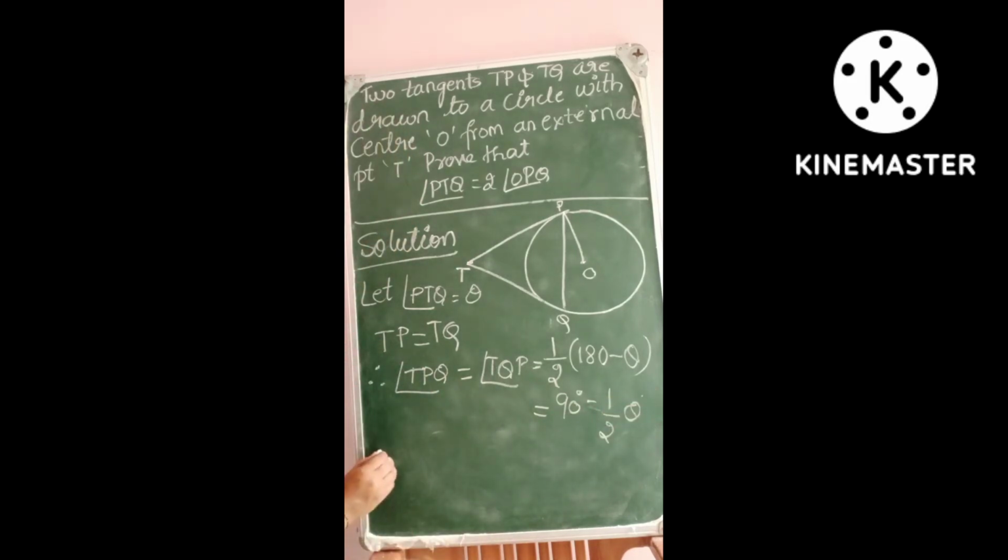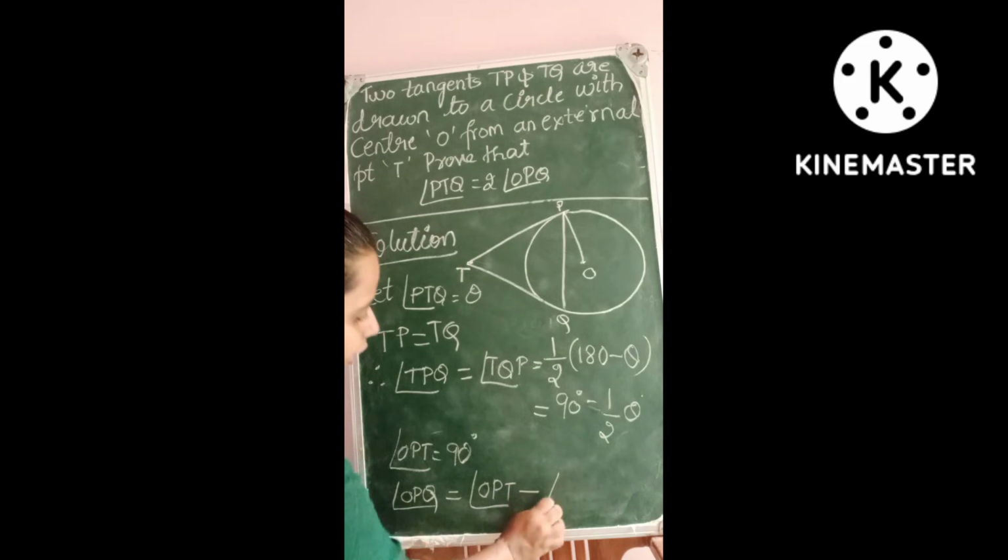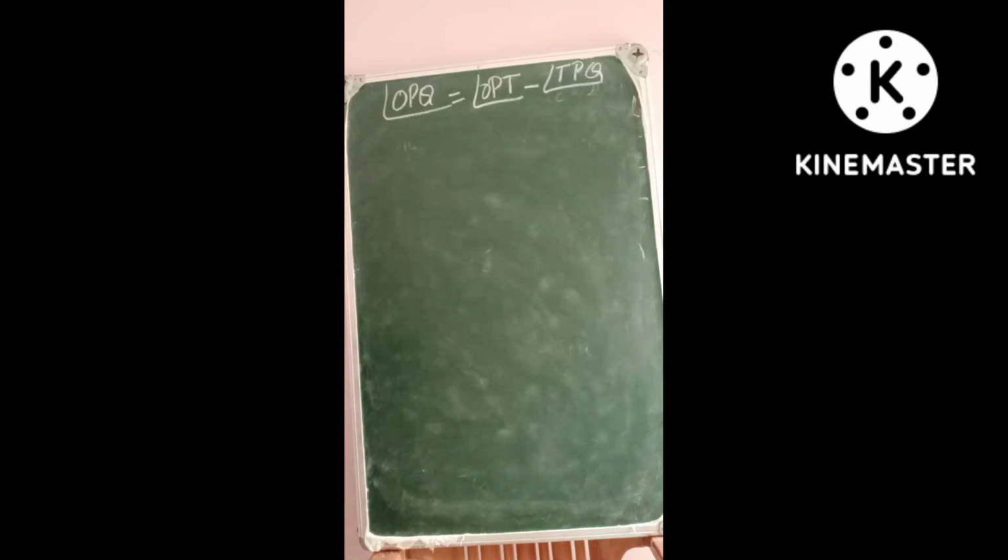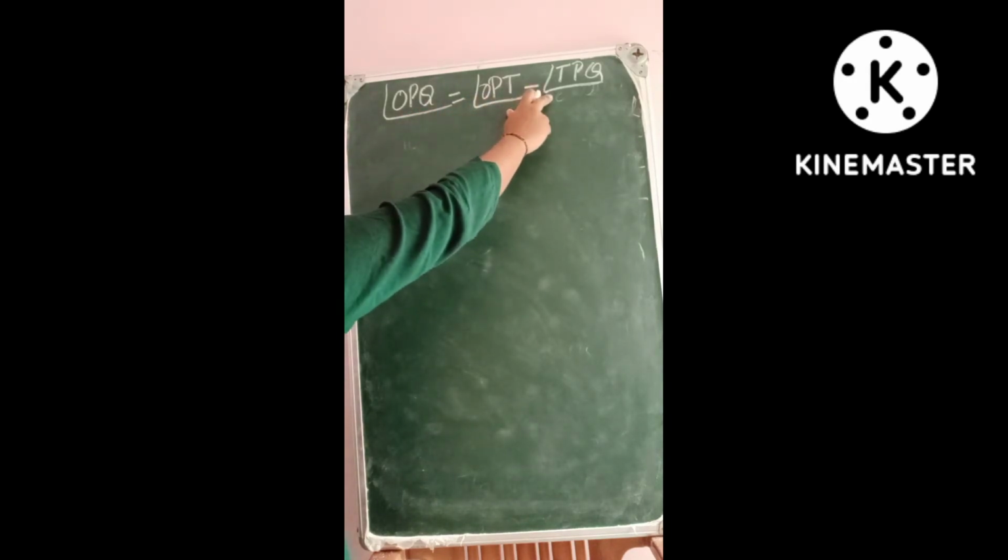Also from theorem 10.1, we can write angle OPT is equal to 90 degrees. So from these two, angle OPQ is taken as angle OPT minus angle TPQ.